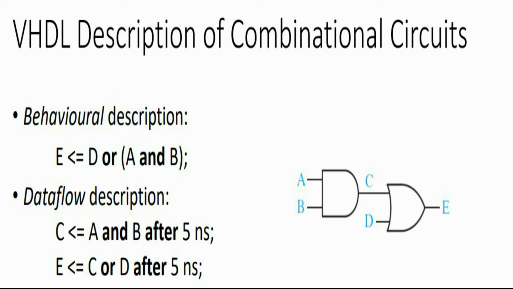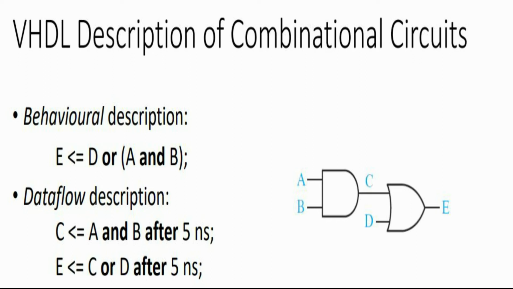So what happens is that the first statement in the data flow description gets evaluated, where we first calculate the value of C by performing the operation A and B, and the result is available after 5 nanoseconds. After 5 nanoseconds, the second statement gets evaluated, where we have the value of C now and the other input D is evaluated, and then we get the final value of E.